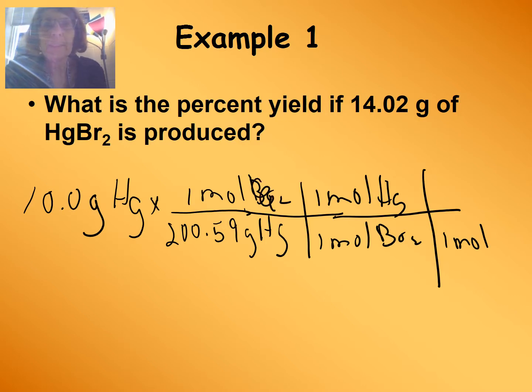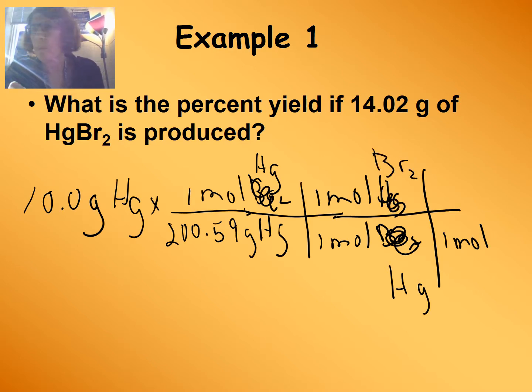Oh, sorry. This is Hg. This is Br2. And then we multiply out by 159.808.